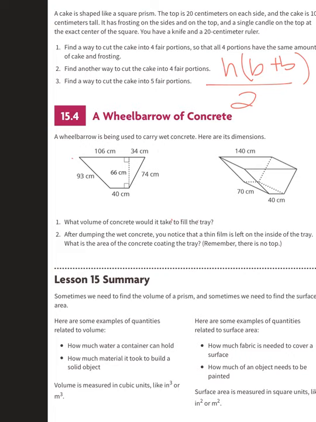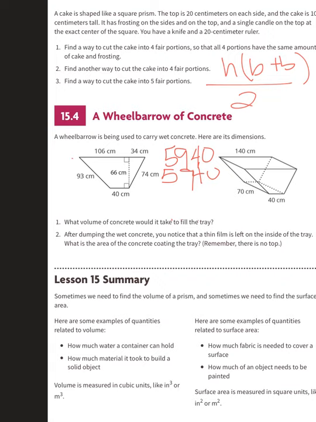So if we think back to the volume problem, we figured out that the trapezoids, the two sides, are 5,940. So there's two of those. Let me get a marker out. 5,940 for the front, 5,940 for the back. Now I just need to find the two sides and the bottom. Remember, there is no top, so I don't need to find the area of the top.